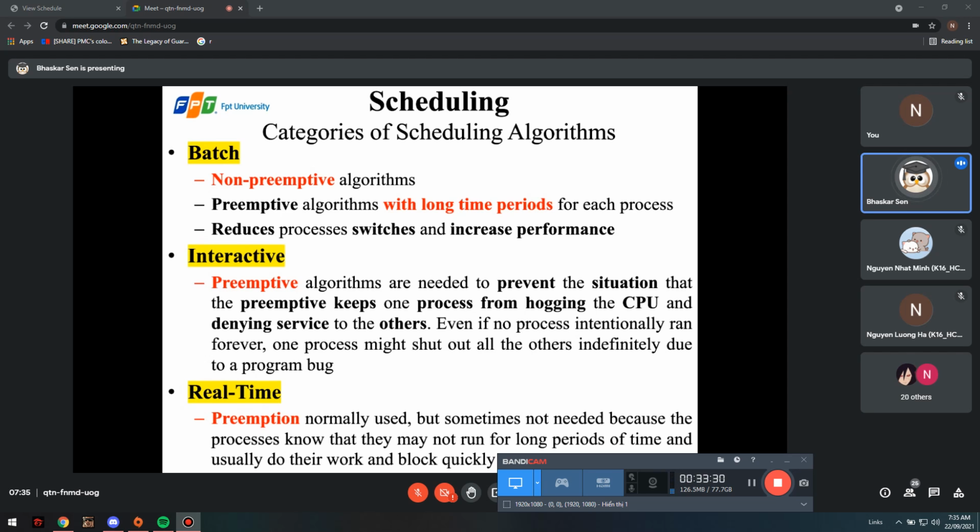So basically, those algorithms mostly applicable for interactive systems, those mostly applicable on batch processing systems, and those algorithms which are mostly applicable for the real-time systems. So these are the three broad categories we usually look at.